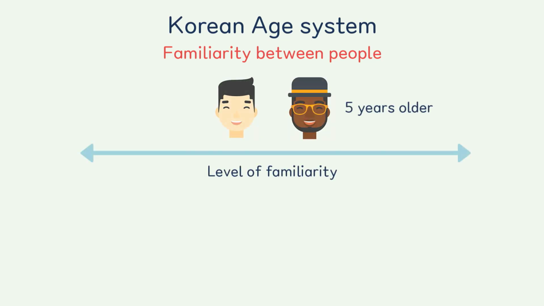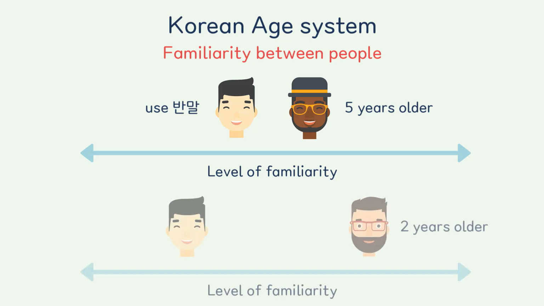So I might know someone who's 5 years older than me, but because I've known that person my entire life, I will actually use 반말 with that person. Whereas if I meet someone who's only 2 years older than me, but I've only known that person for a month, then it's important for me to use 존댓말. Now, this aspect of familiarity and language use is something I will discuss in more detail later in this unit.